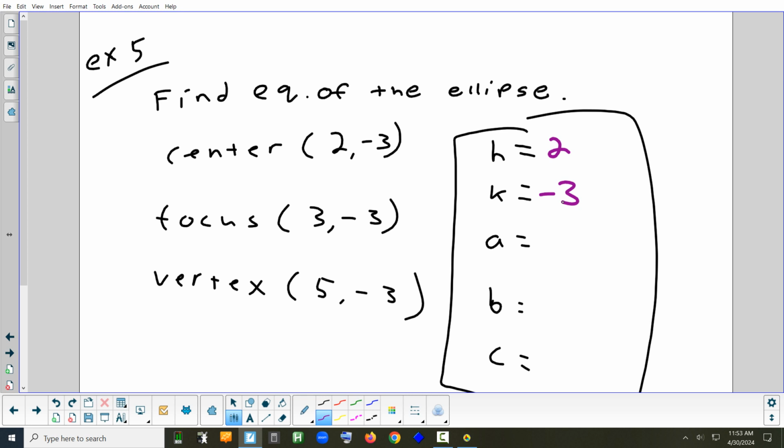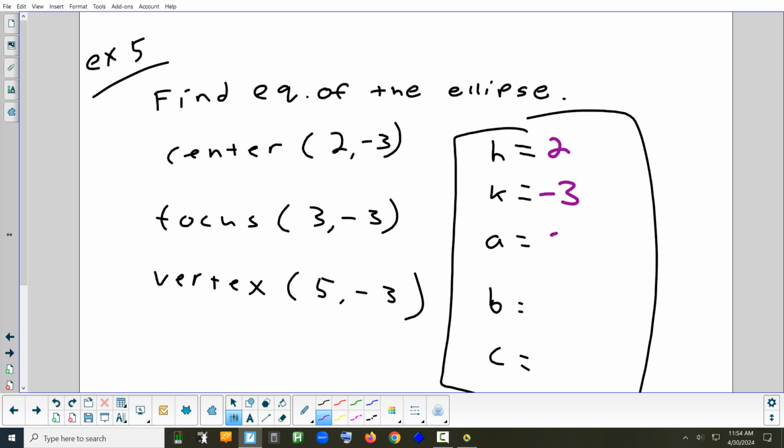Based on that information, can anybody tell me anything else? A would be 3. How come? Yeah, the distance between the center and the vertex is 3 units.